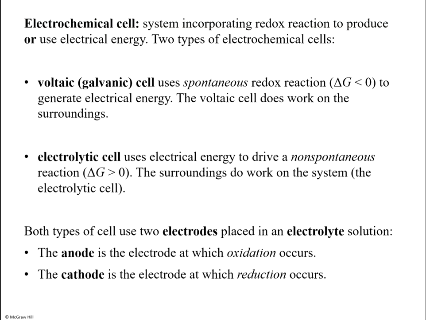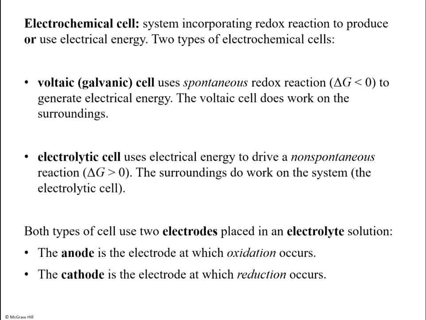Next, we're going to build on this, and we're going to look at electrochemical cells. An electrochemical cell is a system that incorporates two redox half reactions that are physically separated from one another. And we use these to produce electrical energy, or we can use electrical energy to drive an electrochemical process that is non-spontaneous.